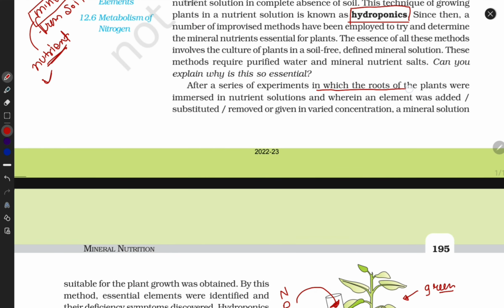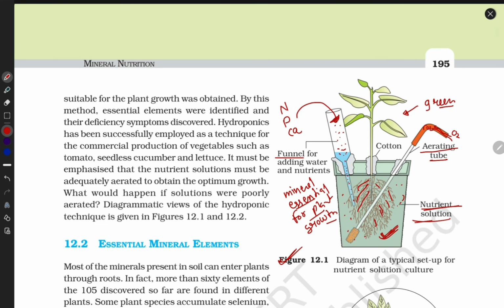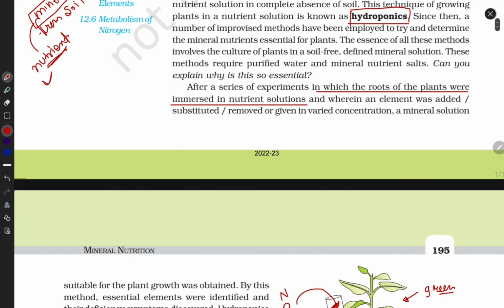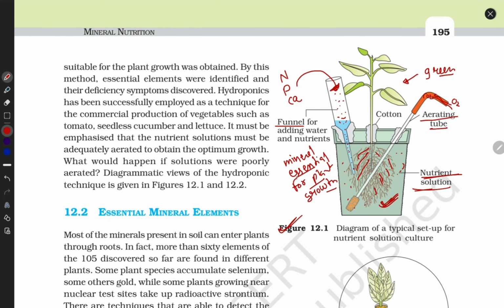Experiment in which the roots of plants were immersed in nutrient solution. Yes, their roots are immersed in nutrient solution. This term is clear. Wherein an element was added, one by one we add and remove in varied concentration a mineral solution. We can add and we can remove whatever we want to study.